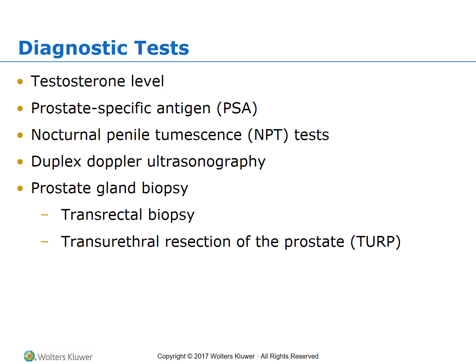The next diagnostic test that we can do is a prostate-specific antigen, or a PSA. A PSA is a blood test that detects a glycoprotein found only in the tissue of the prostate. It is elevated in prostatitis, benign prostatic hyperplasia, or BPH, malignant and metastatic prostate cancer.